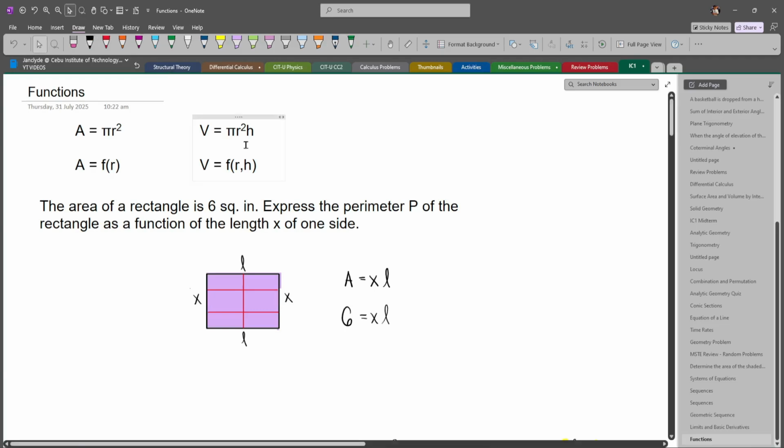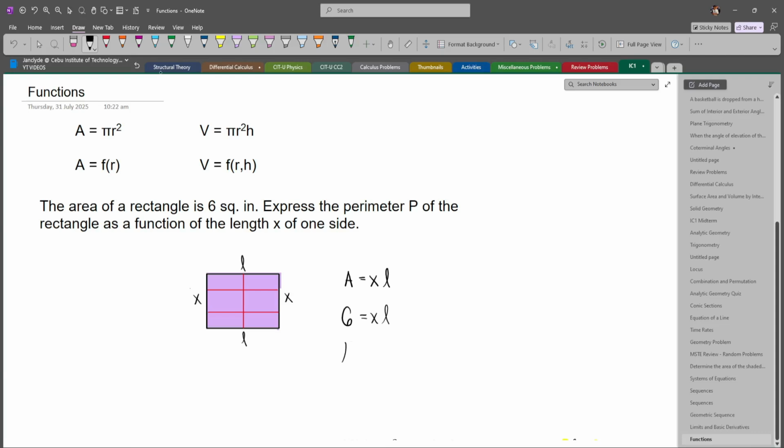And then since we want to express the perimeter as a function of x, then we can define the length as 6 divided by x. So we would have L is equal to 6 over x. We just divide the two sides by x. So now, solving the perimeter, this would be the sum of the sides. So 2 sides of x, this would be 2x. Then 2 sides of L, we have 2L.